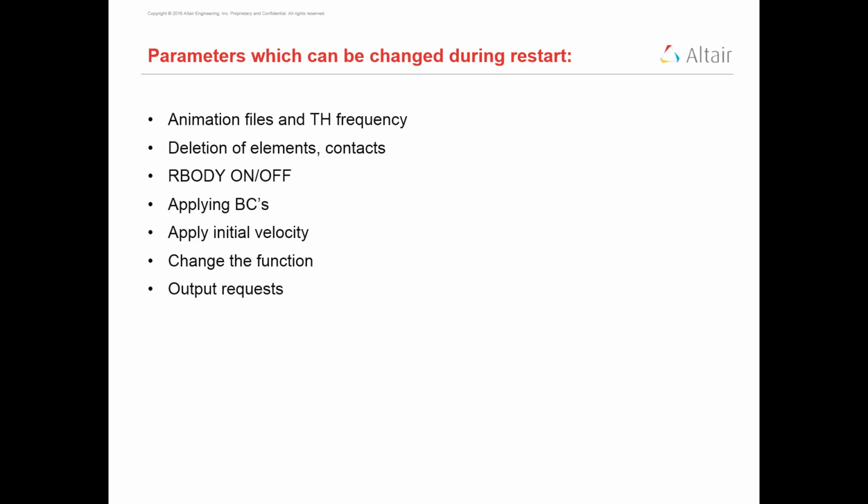Also, you can delete some elements or delete the contacts, and you can turn the rigid body on or off, and you can add some additional boundary conditions, or apply some initial velocity, or change the function, that is the load curve you have defined, and you can request some additional output also.